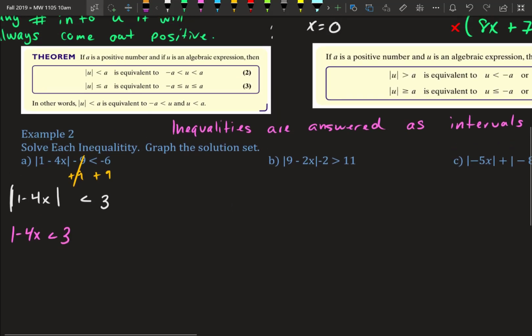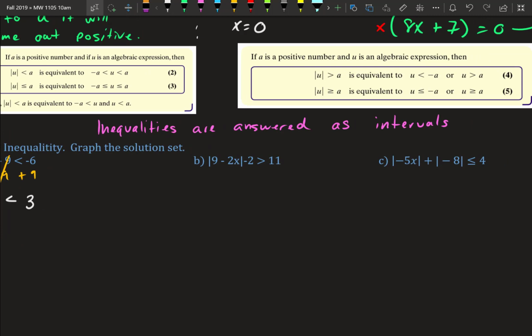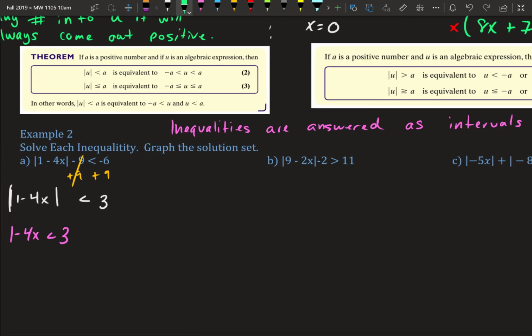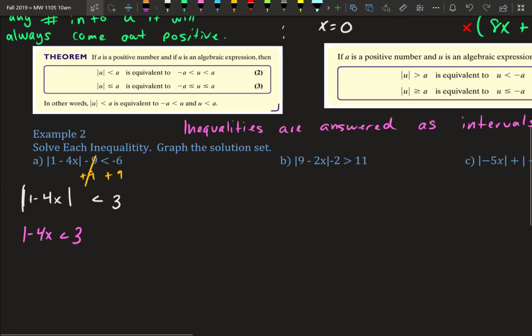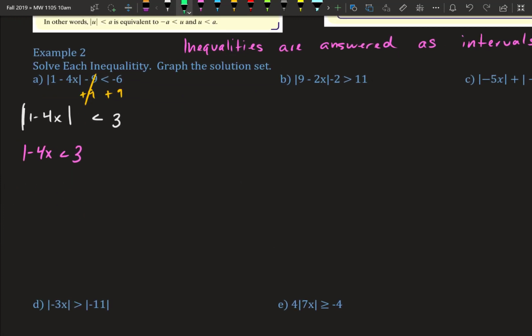And that's what it says up here, is that when we have an absolute value that is less than, it's going to go together. And when we have an absolute value of greater than, it's going to go separate. So we have 1 minus 4x is greater than negative 3.